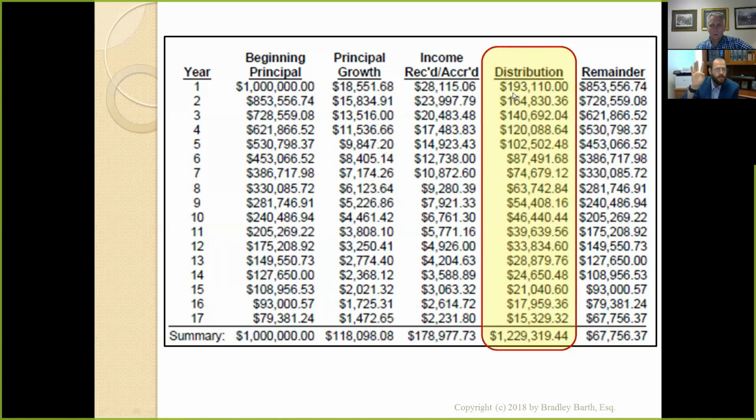But if you look at the numbers, 193, 164, 140,000, 120,000, and go down over the full 17-year time period, based upon the calculations, she's going to take out $1.2 million of distributions when she started 17 years ago with only $1 million. Right. Because she got to avoid the capital gain tax and it got reinvested over time. The tax bite never quite caught up with her.